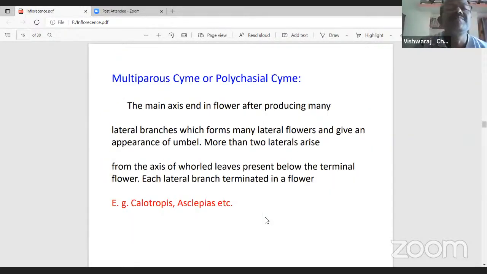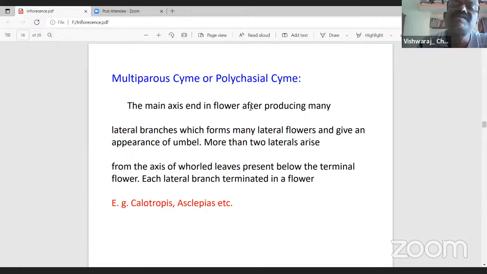Then multiparous or polychasial: monochasial or uniparous, dichasial, multiparous or polychasial. The main axis ends in a flower after producing many lateral branches which form many lateral flowers.